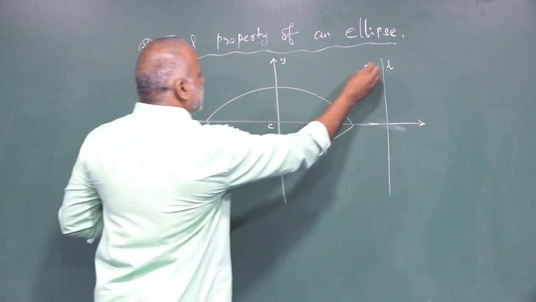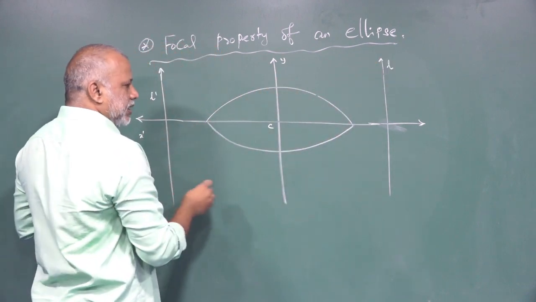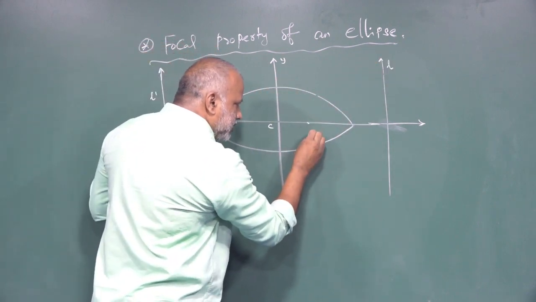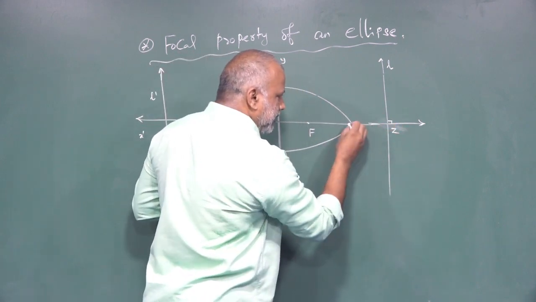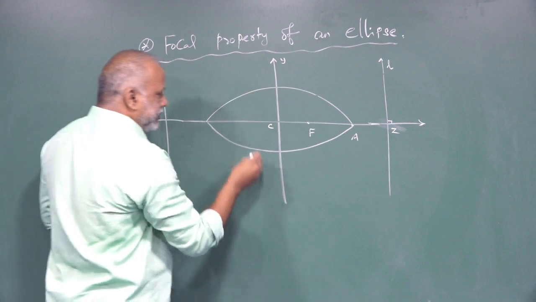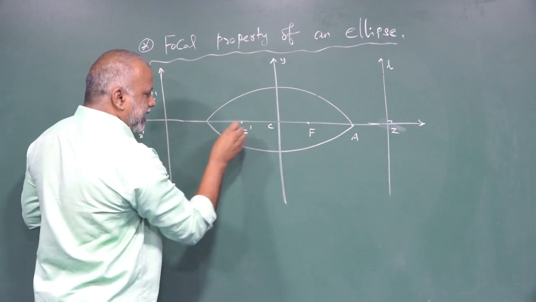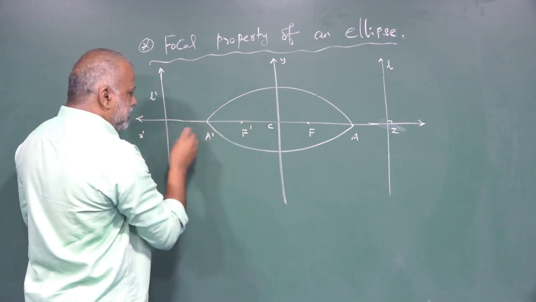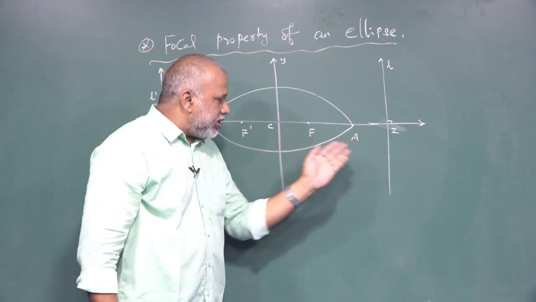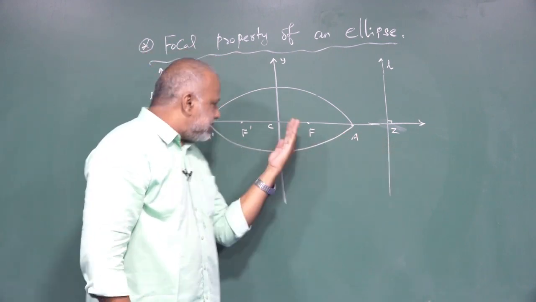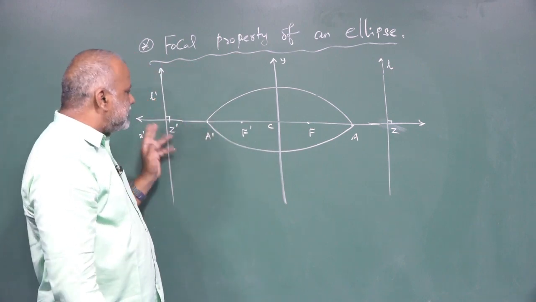This is the general information. See, it is the focus. It is the directrix. It passes through Z. Here A. Here F dash. Here A dash. Here Z dash. Because of symmetry, put all the points here F, A, Z. The same reflection: F dash, A dash, Z dash.